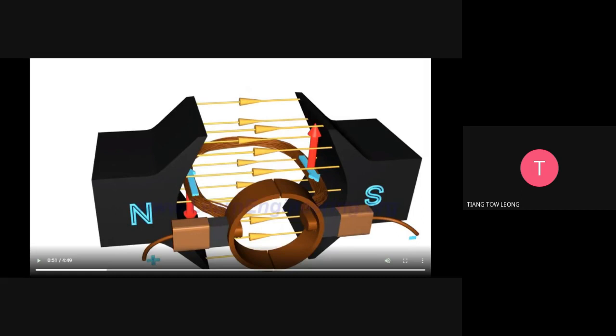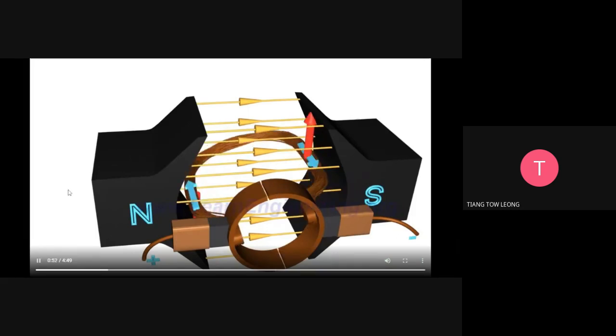So the middle finger we will point into the screen, which is the current, the blue color current, and then the red color will be our thumb. It shows the force. Same as well on the right side. So this is what we call a current carrying conductor, the conductor that carries the current then generates force.